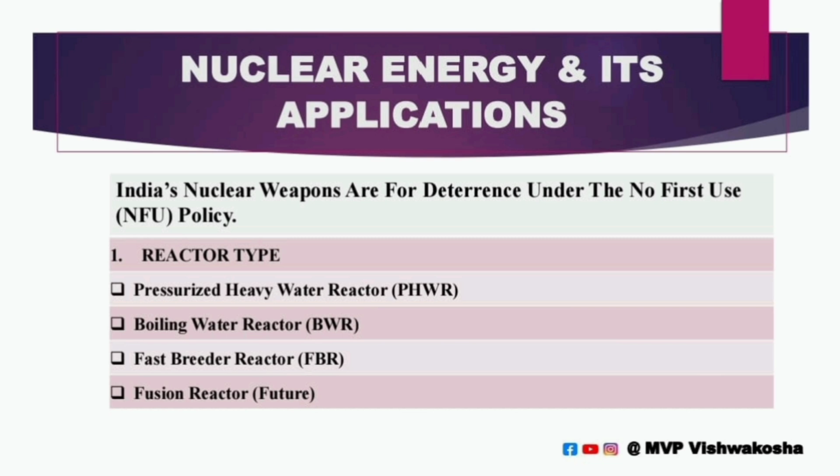Chernobyl in 1986, USSR, the worst nuclear disaster, a large radiation leak. You can watch videos on YouTube about the Chernobyl disaster. Next, Fukushima in 2011 in Japan, where an earthquake triggered a reactor meltdown. And Three Mile Island in 1979, USA. And also India has strict nuclear safety protocols to prevent such incidents.